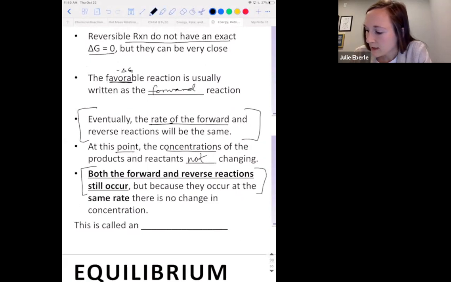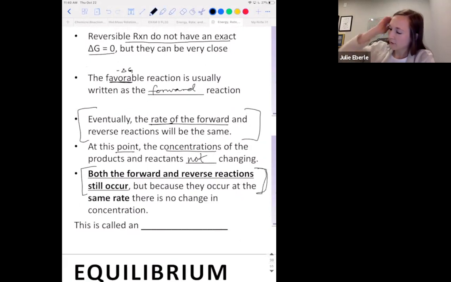I'm sorry there's a lot of writing. I really don't like slides like this, but it's kind of unavoidable with equilibrium. Let's read this. Both the forward and reverse reactions are still occurring. This is not a situation where nothing's happening. People can tend to think equilibrium is like, oh, things are just set, they're not changing. No, lots of things are changing. It's a very dynamic thing, equilibrium, because you have two reactions happening.